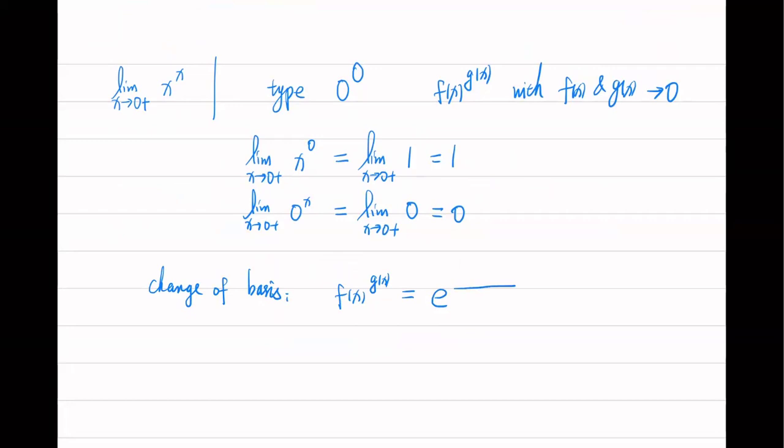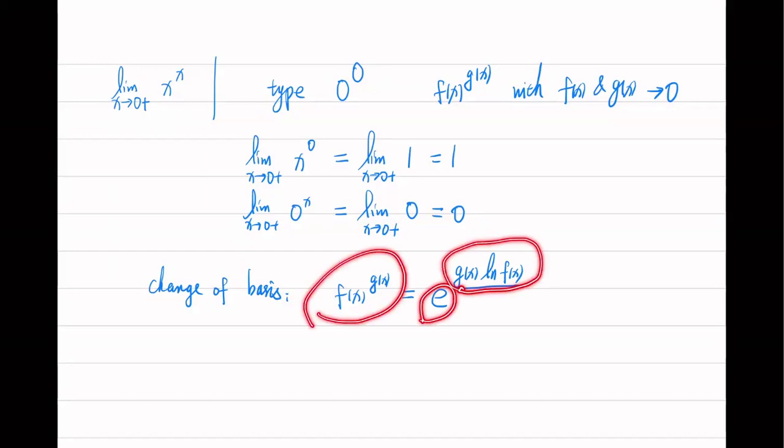If you change the base, okay, what's the new exponent? Okay, nice. Now you get this, g(x) log f(x). If we can find this limit, then we take the exponential and we get this limit.